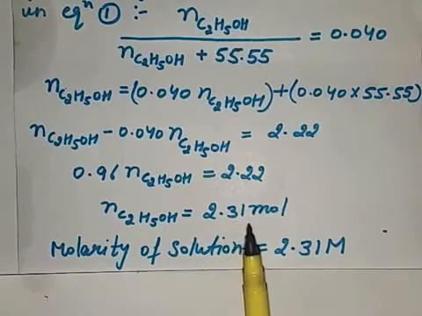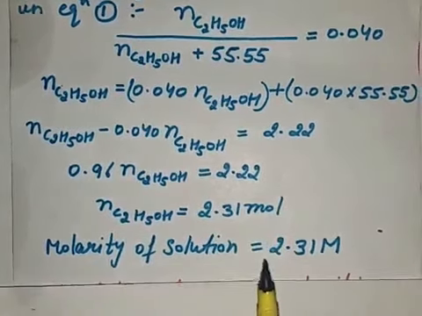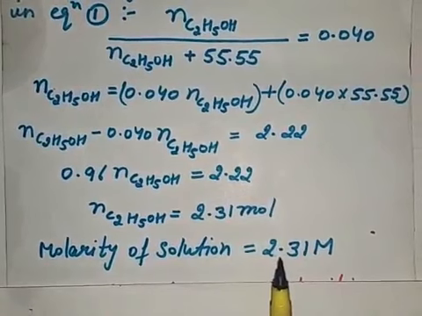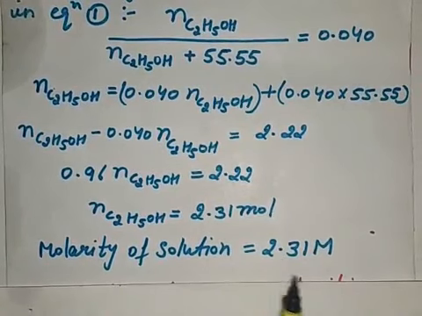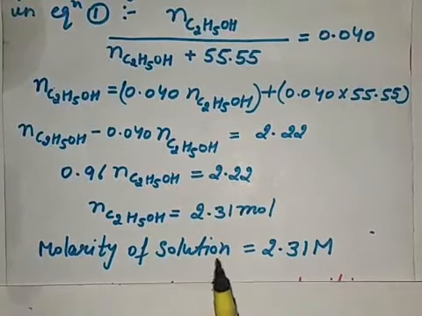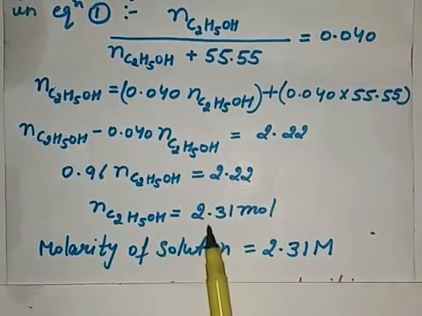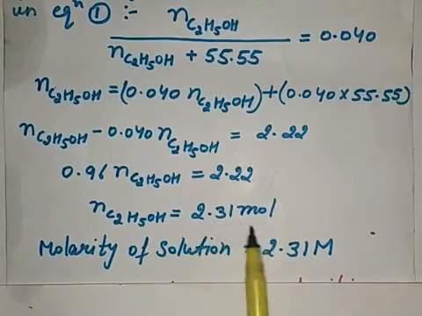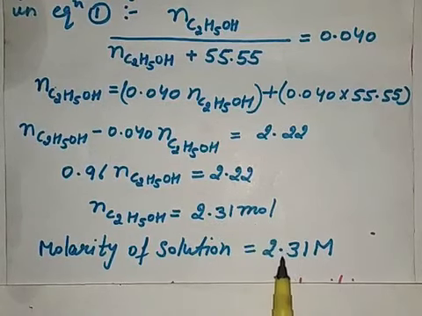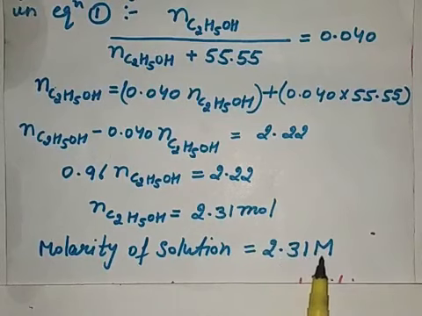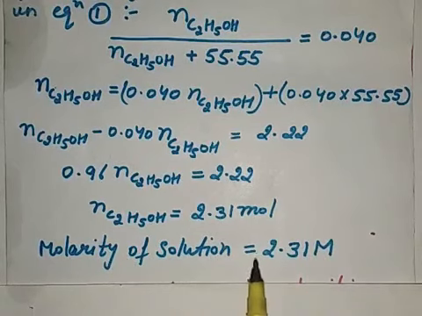As we know, for molarity we will find it in 1 liter because it is not mentioned in the question. So 2.31 mole divided by the volume of solution, that is 1 liter, comes equal to 2.31 molar. So this is the molarity of the solution.